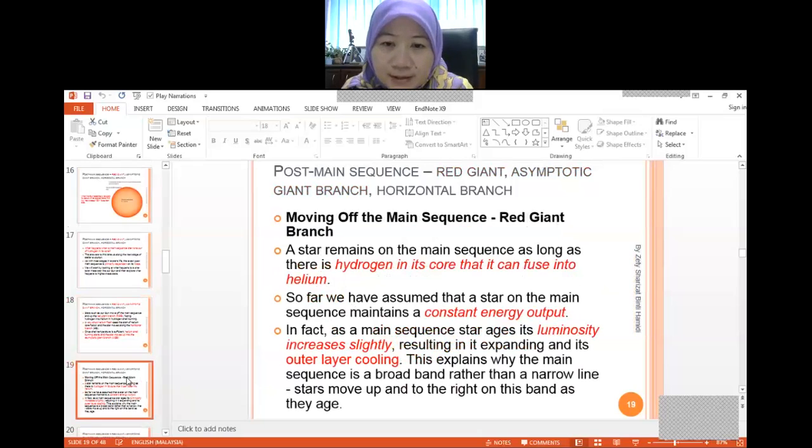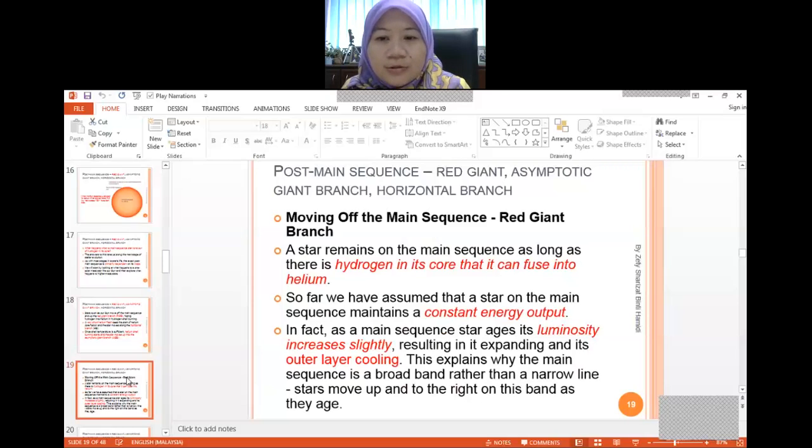Okay, so of course, the stars will remain on the main sequence as long as there is hydrogen inside the core, and it will also fuse the helium, right? In this case, we can have a constant energy output, quite continuous and stable instead.